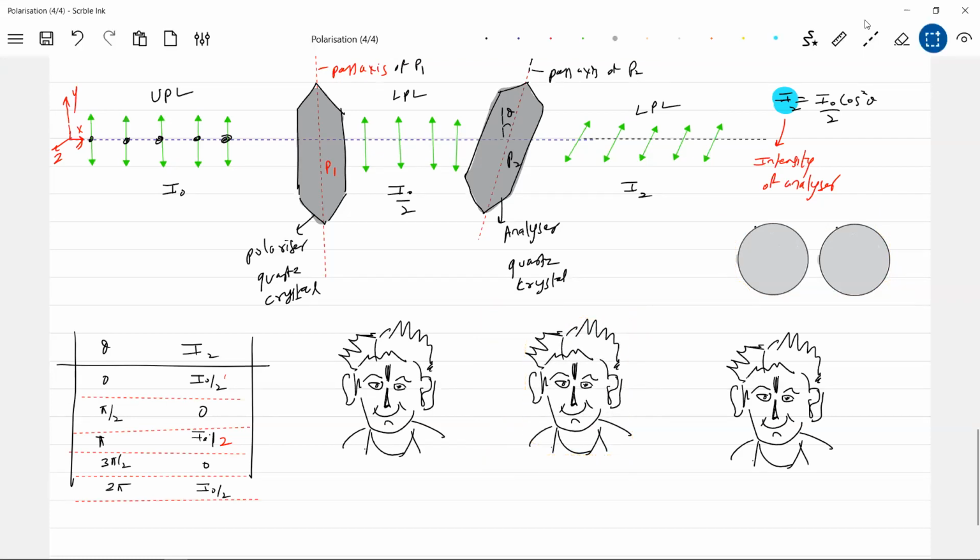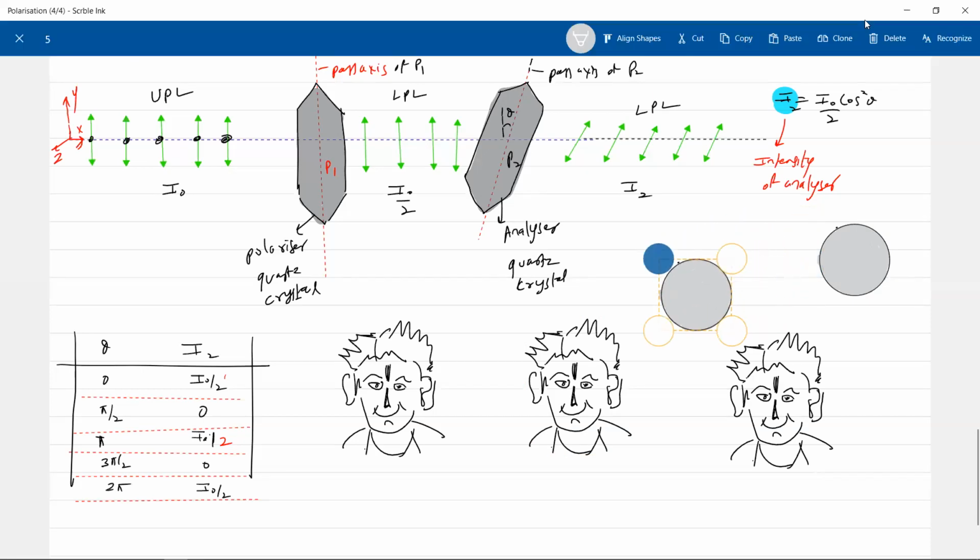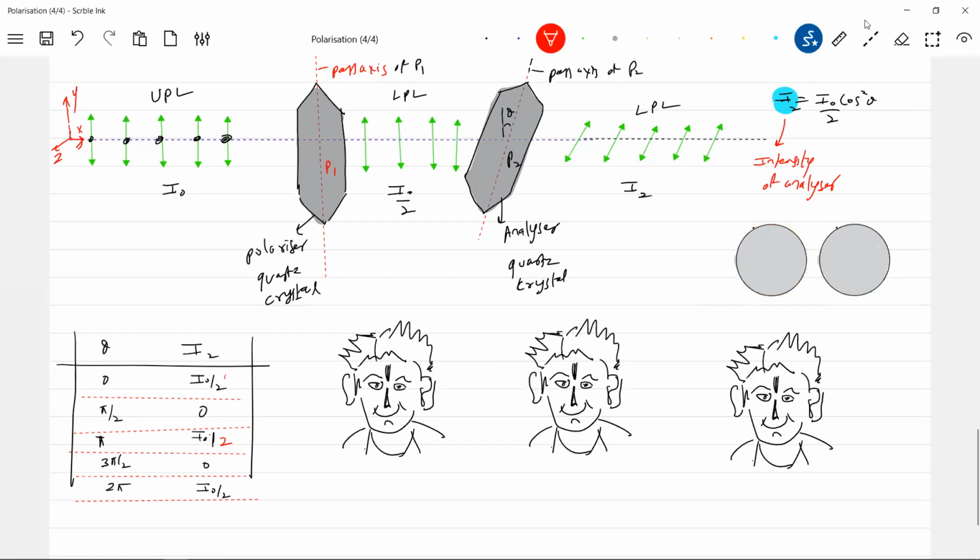You are able to see the physics teacher. So you are going to bring the polarizer and analyzer. Let me indicate their pass axes. I'll bring the pass axes later on.